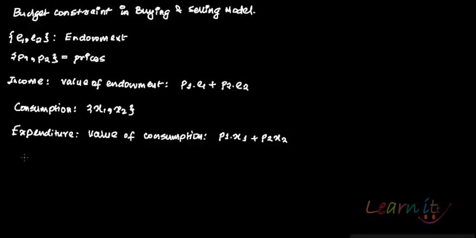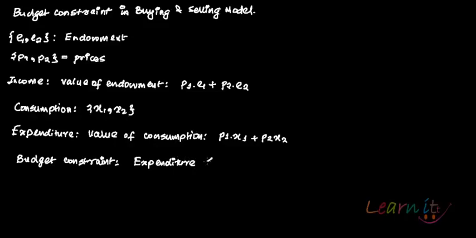Now what do you have to write? Basically, you can write the budget constraint as expenditure should be less than or equal to income.